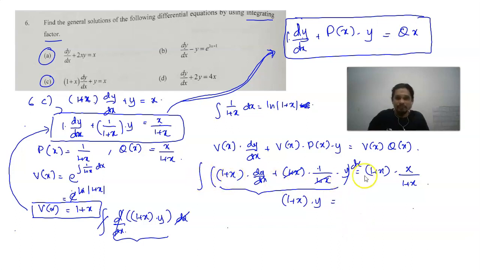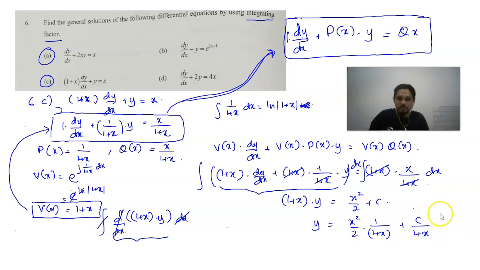So we integrate on the left and on the right side. 1 plus x divided by 1 plus x, so we are integrating x dx, which gives you x squared divided by 2 plus c. Then y equals x squared over 2 divided by (1 plus x), that is 1 over (1 plus x), plus c divided by (1 plus x). Okay, so it's something like this. There you go.